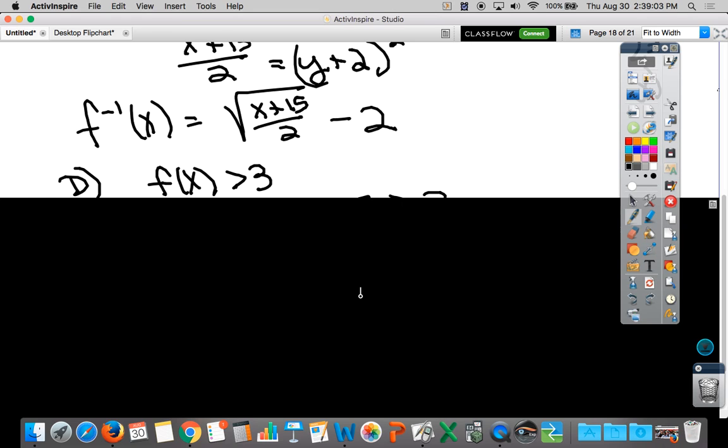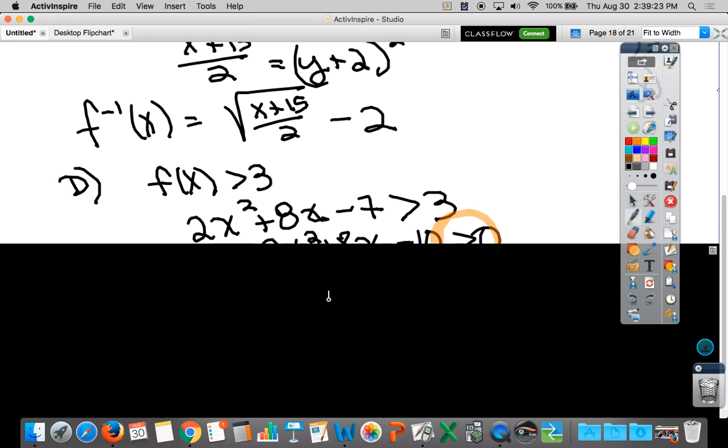So in this case, when it's asking you to work out values of f of x greater than 3, this is telling you to take the f of x at the top, set that here, and put greater than 3 behind it. So when you do that, you should see that you have a quadratic inequality.